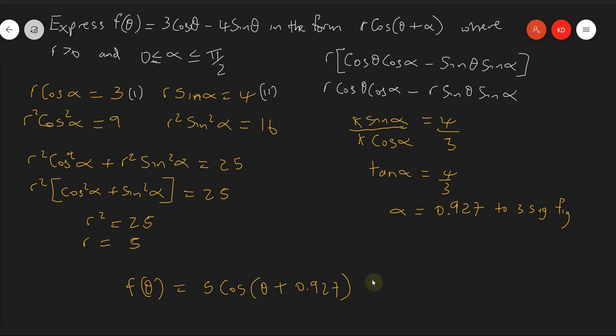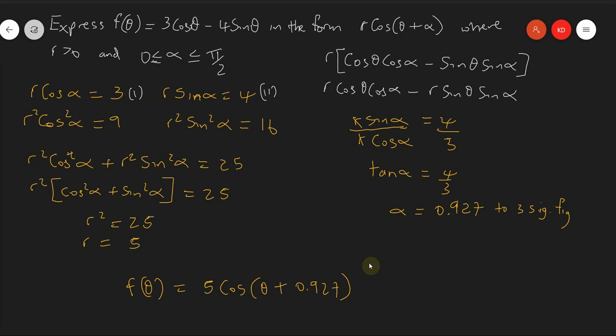Okay, maximum value would be 5 because the maximum value for cos by itself would be 1, but multiplied by 5 here would just cause a vertical stretch up to 5, so the maximum value would be 5. That is for question 2.